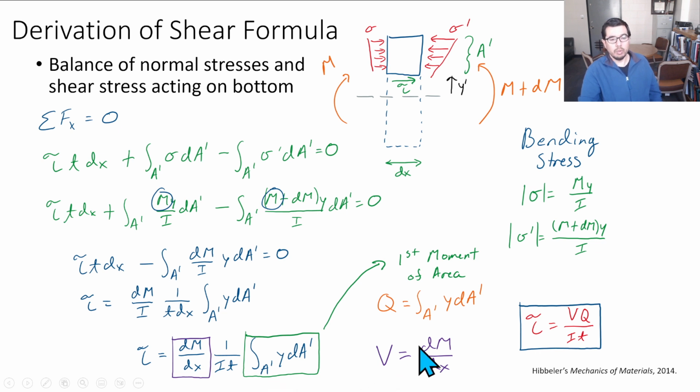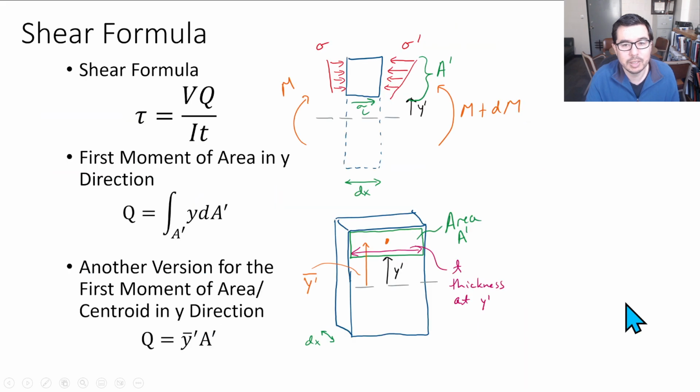And when we finally put everything together, we can make a new expression for the transverse shear stress as being V times Q over IT. And we're going to spend a lot of time with this expression.